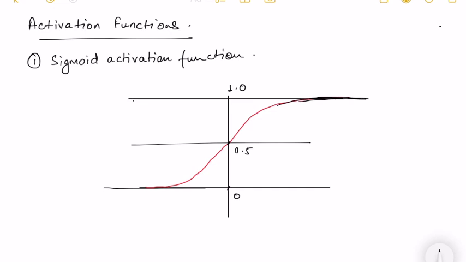And this is your origin, this is the positive axis, 2, 4, this is minus 2, minus 4, right? And this is the value of the input, and this is what the activation output is.